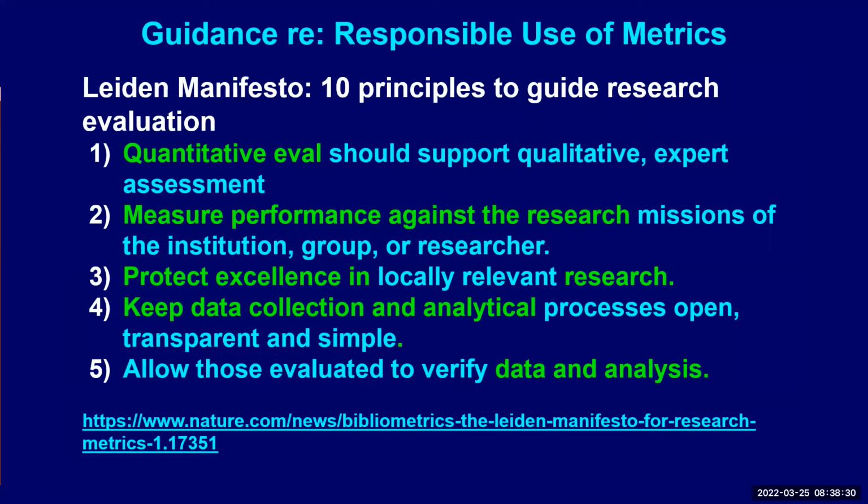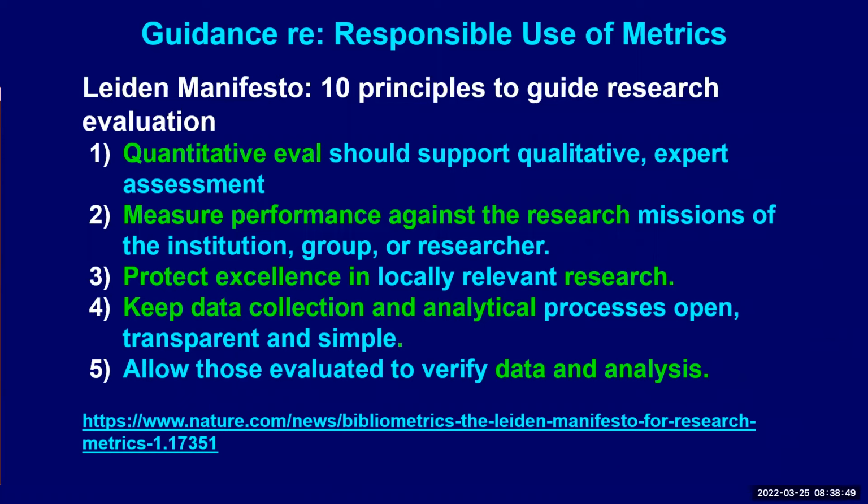Some of the highlights include the idea that quantitative metrics shouldn't replace qualitative assessment. Researchers shouldn't be made to feel they have to abandon locally relevant research topics if they don't typically produce high metrics.